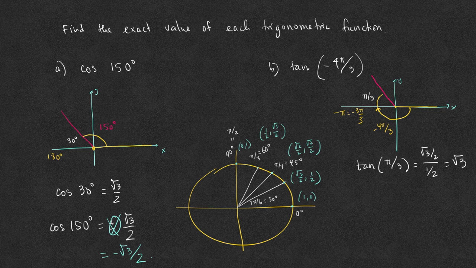And so we know that tangent of negative 4 pi over 3 is going to be either plus or minus the square root of 3. Negative 4 pi over 3 is an angle in the second quadrant, and in the second quadrant tangent is negative, and so we have tangent of negative 4 pi over 3 equals negative root 3.